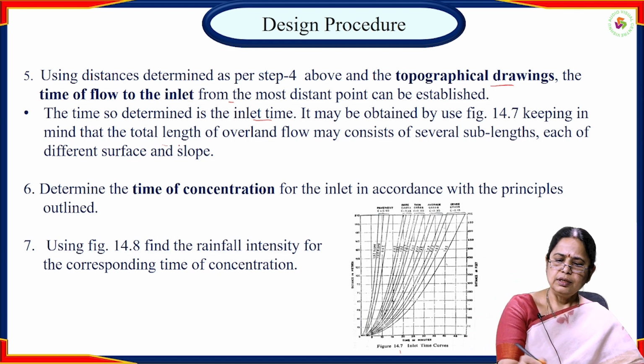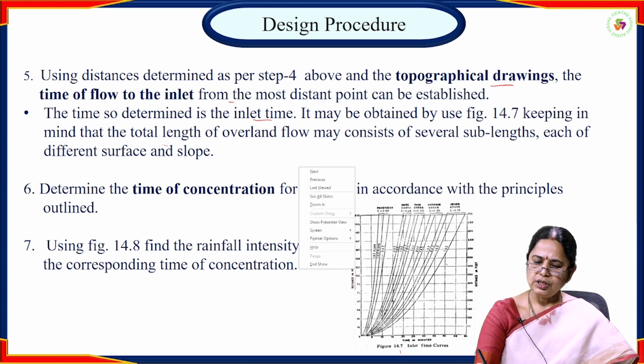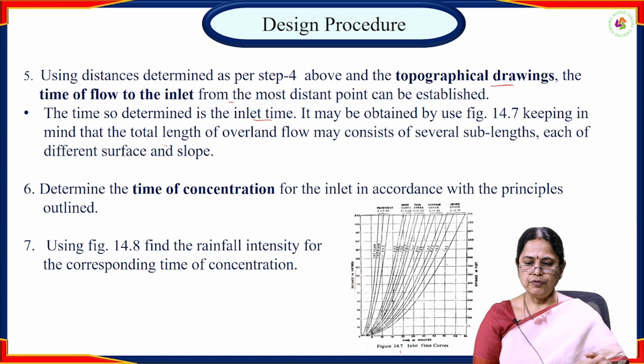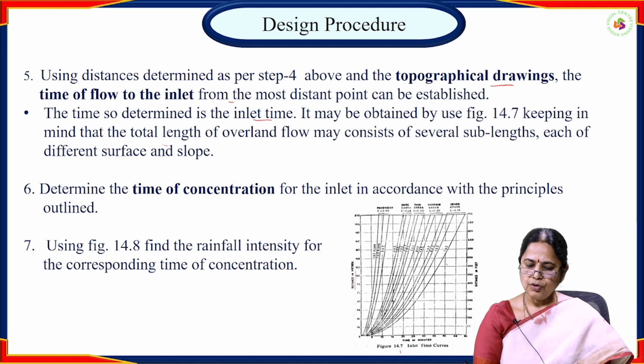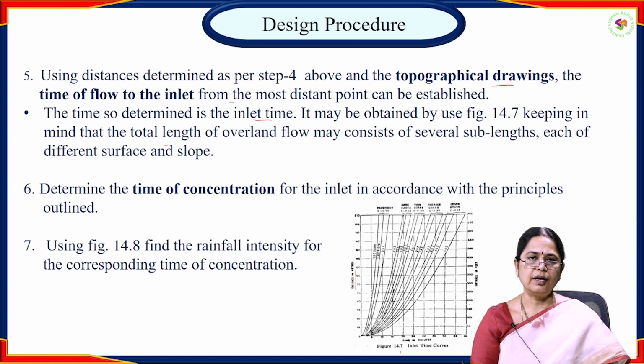So here we know the length distances and we know the different types of surfaces on which the water would flow. So we identify and calculate all the inlet times, add them, and then we get the inlet time.